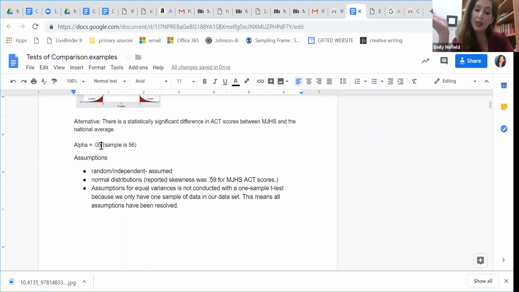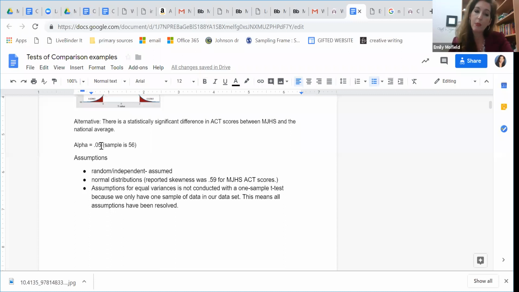Now I've got to go through my assumptions. We're going to assume that this is from a random independent group. Next, I need to check for normal distributions. The reported skewness was 0.59, so that is great. I don't even have to look at kurtosis, so that assumption is met.